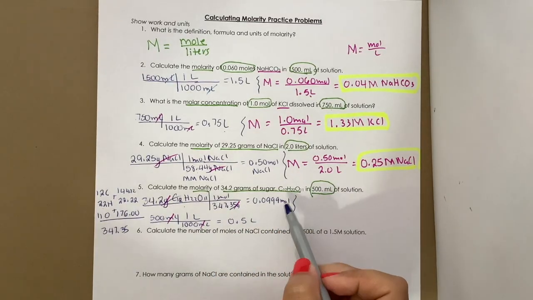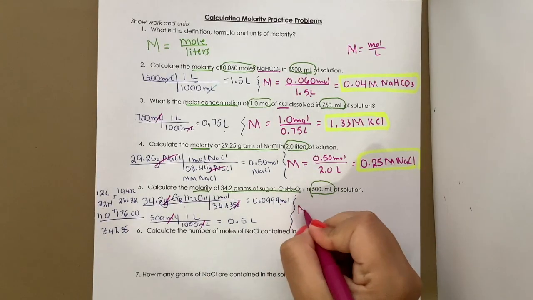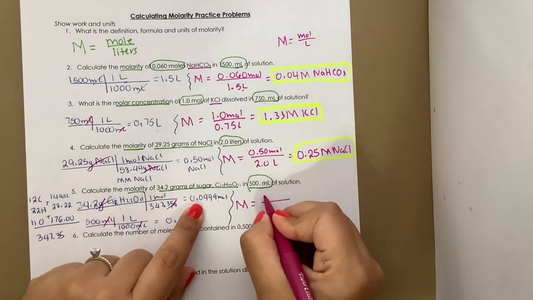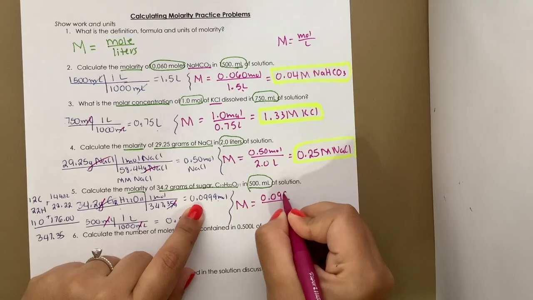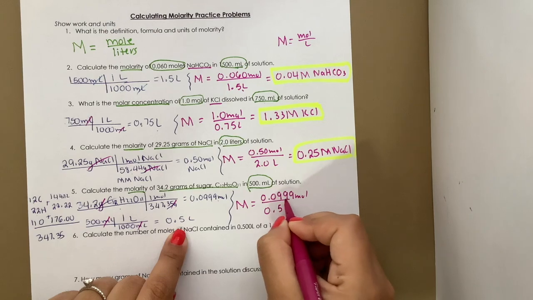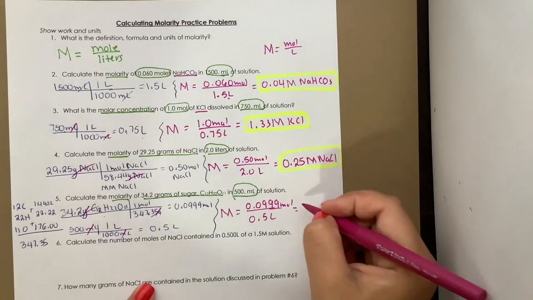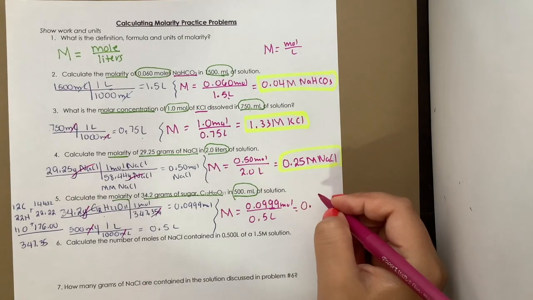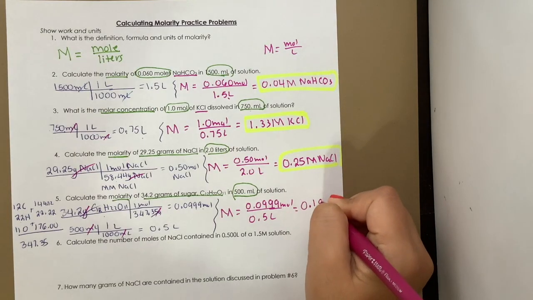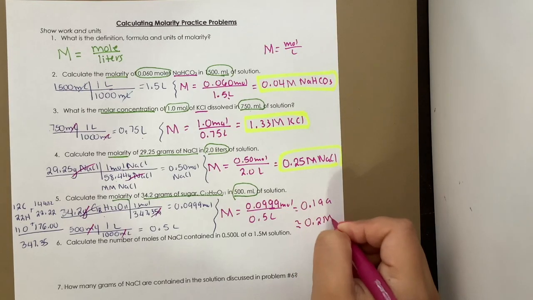Now that both of my units are in the correct units, moles and liters, now I could use molarity equals moles, which I just found out was 0.0999 moles, over 0.5 liters. I divide these two and I get 0.1999, which I'm going to round to 0.2 molar of sugar.